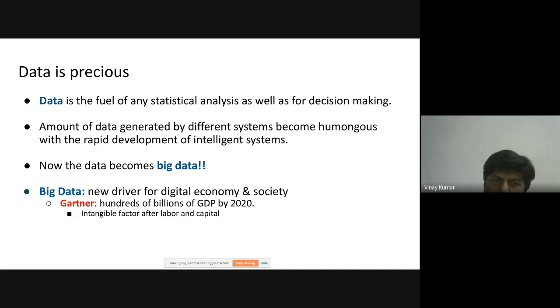So the amount of data generated by different systems has grown along with the rapid development of intelligent systems, right? The world's technological per capita capacity to store information doubled every 40 months as of 2012, right?